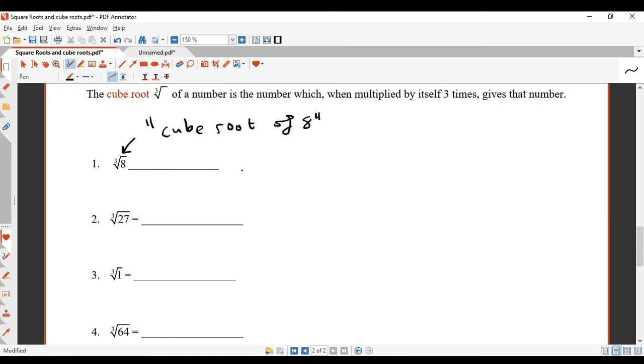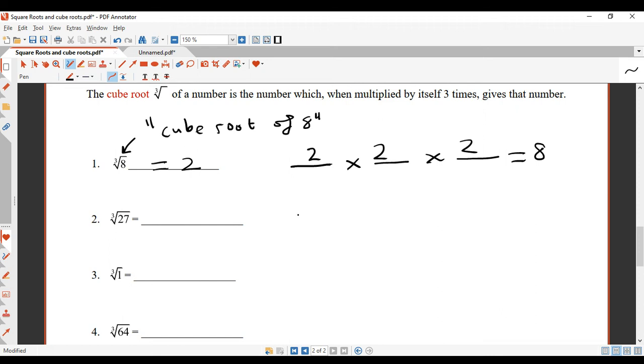That's what this means. Now it means what number multiplied by itself 3 times is equal to 8, right? See that 3 there? It means find the number multiplied by itself 3 times to give you 8. Now, 2 times 2 times 2 is 8, so the cube root of 8 is 2.